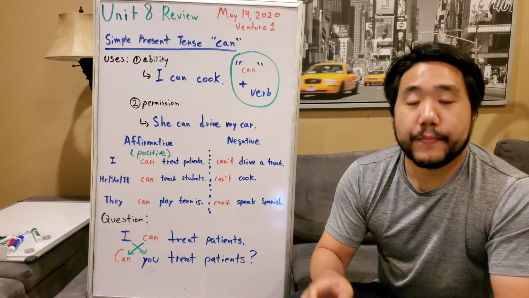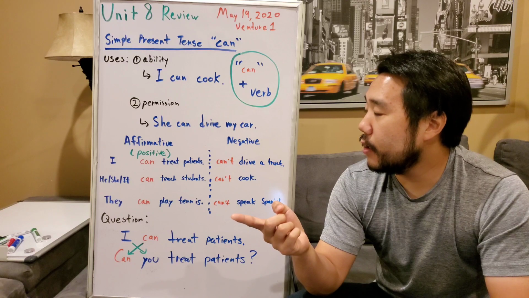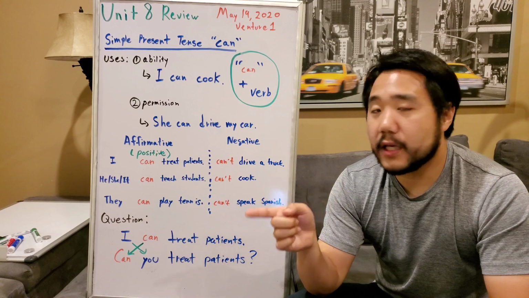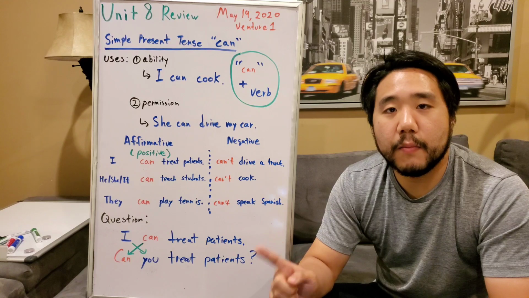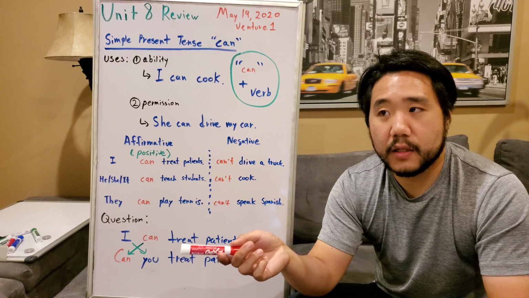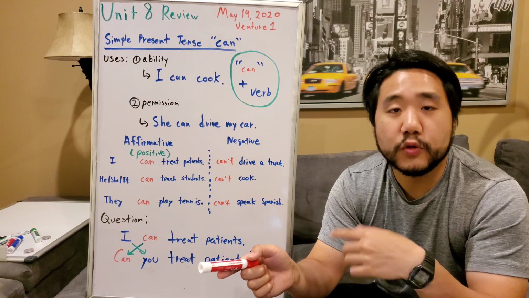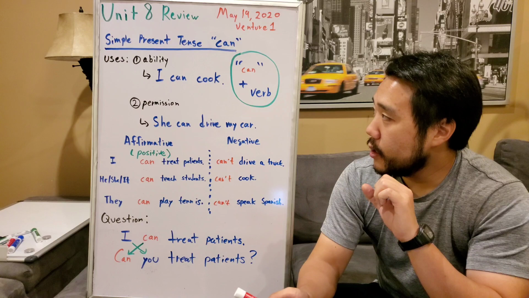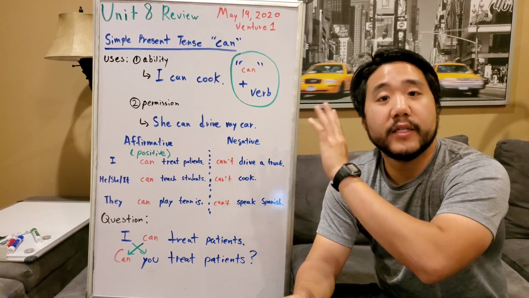Or it could be, he can help Mike do his homework. So I'm giving him permission to help Mike do his homework. So the word can we use in this context.